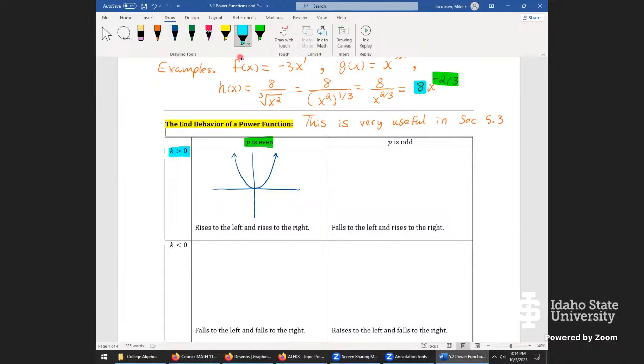Which means it's going to rise to the left. And well, I guess I don't want to highlight all of that. I'd be highlighting the whole table, but that's what this takeaway is telling us. It's rising to the left and rising to the right. So we're looking at just the end behavior, not what's happening in the middle, but what's happening on the far left and the far right. Does that make sense to folks on our first entry here?